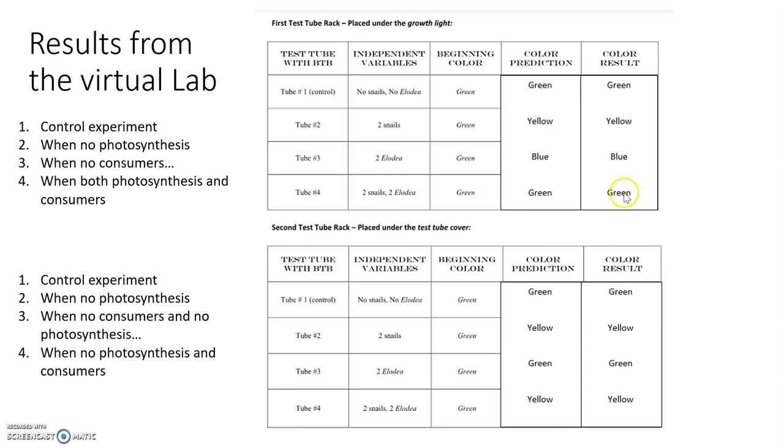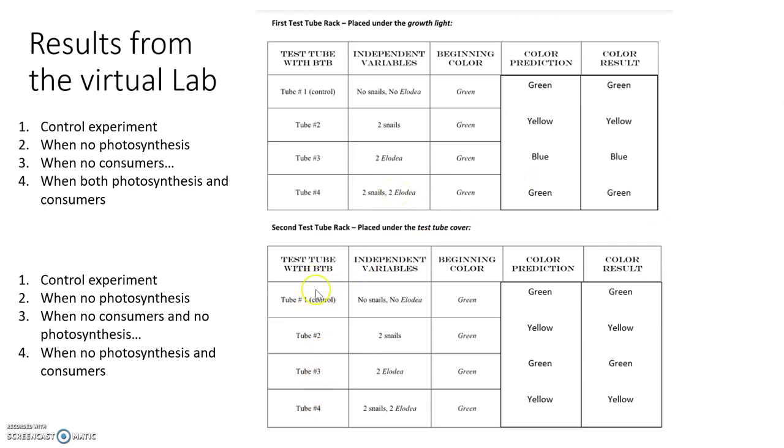But in this version of it, it just stays green because carbon dioxide is produced in the respiration of the snail, but it's also used and taken up for photosynthesis in the plant, right? So it just stays green.